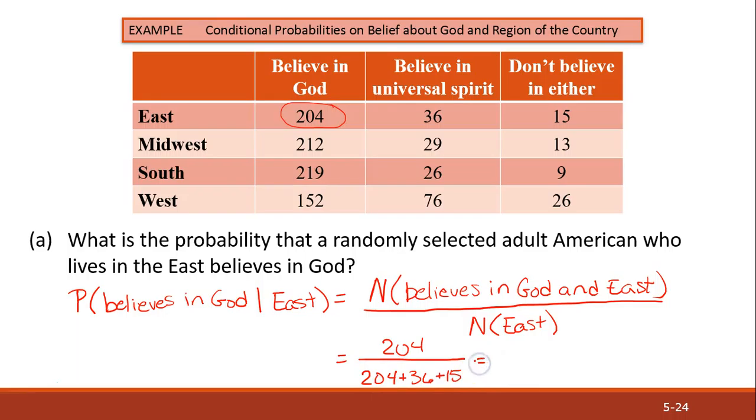And compute that, and you have your probability. So let's see, that ends up being 0.8 or 80%. And there we go. That is our probability for this first question.